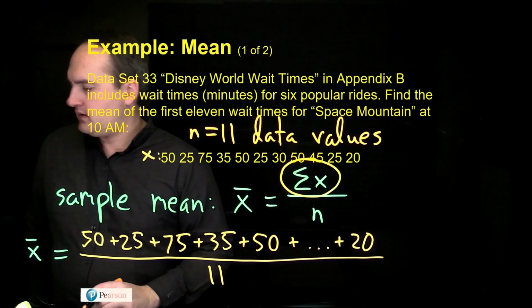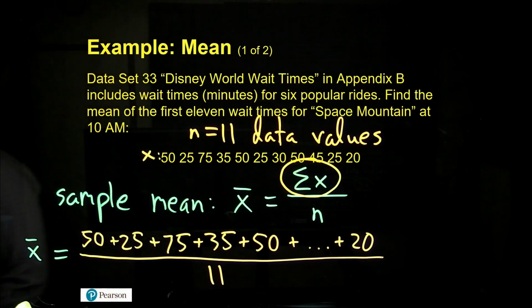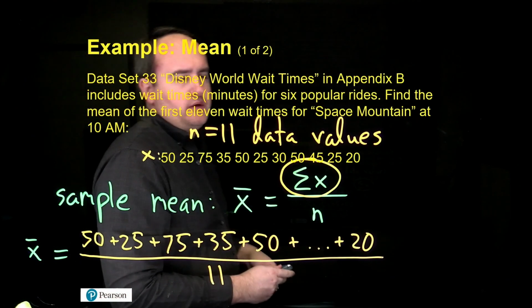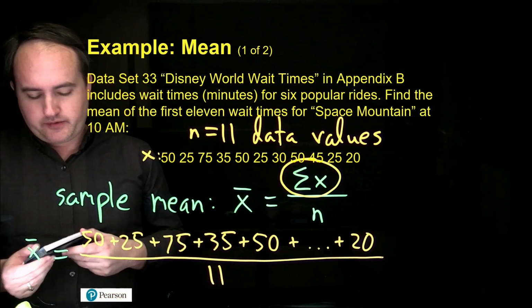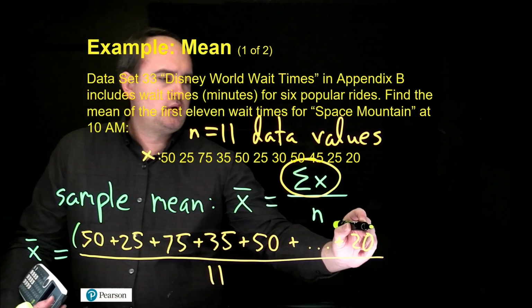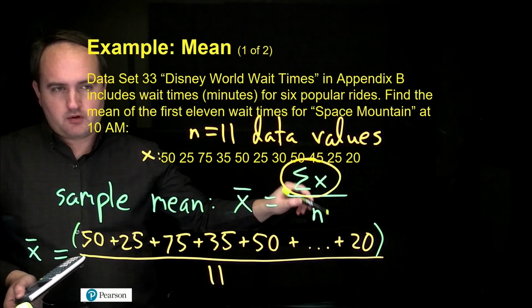Okay, and then most people would want to use a calculator for this. So let me grab my calculator real quick. So if you want to type all these all at once into your calculator, you probably are going to need to put parentheses around the numerator, so around the top.